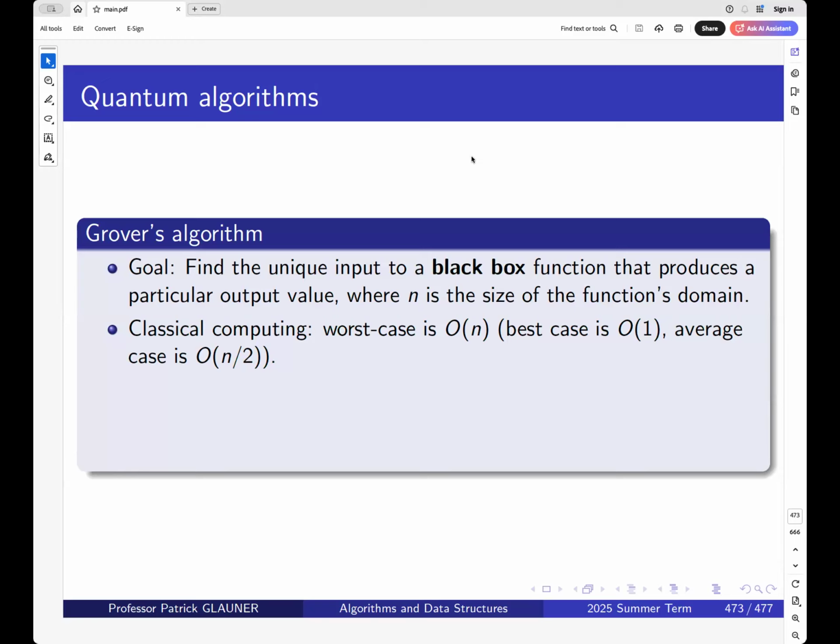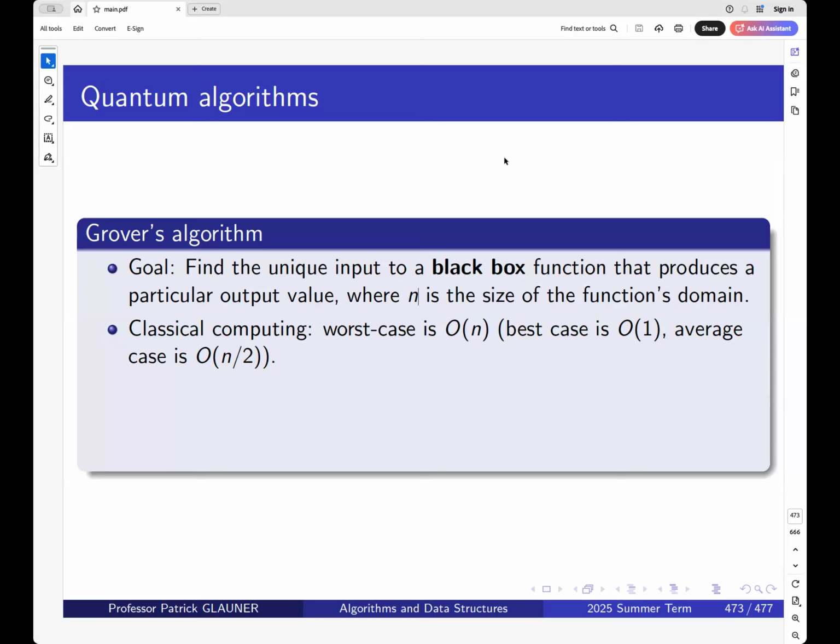So one is Grover's algorithm. Imagine we have a black box function. A black box function means it does something, we can see its output, but we don't know why it does that or how it works. And imagine we can pass n distinct values to the black box function.